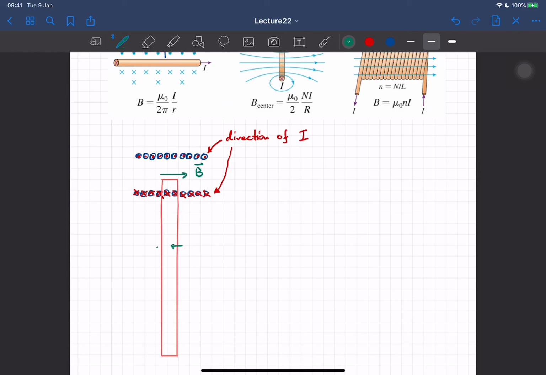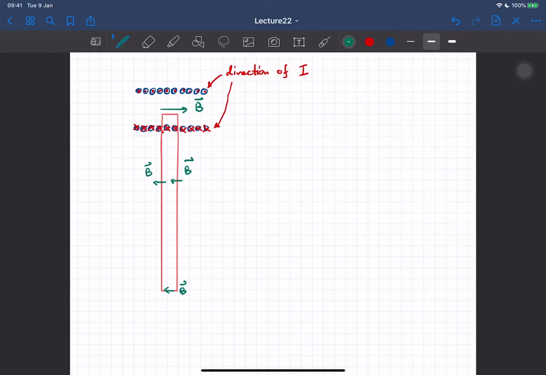Most of the time, the magnetic field you have outside will go horizontal to the left like this. And then maybe there's some magnetic field here, right? But let's talk about this bottom magnetic field here. So the B field here is approximately close to zero if we take this rectangle to be very, very long.